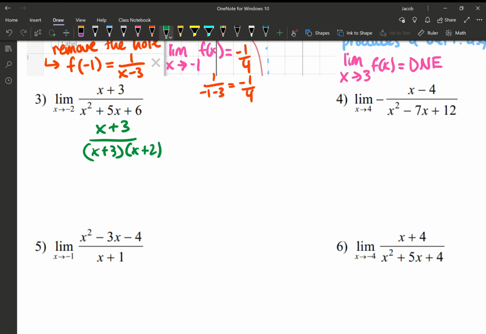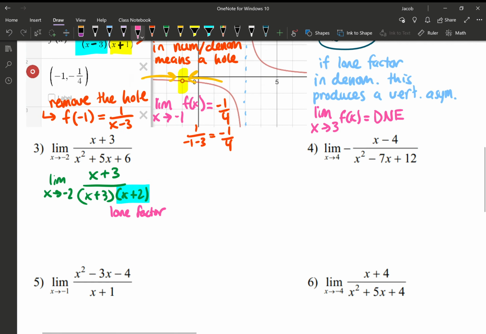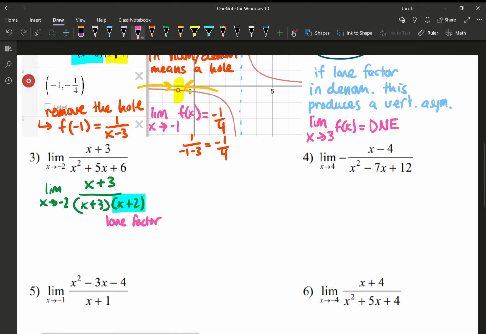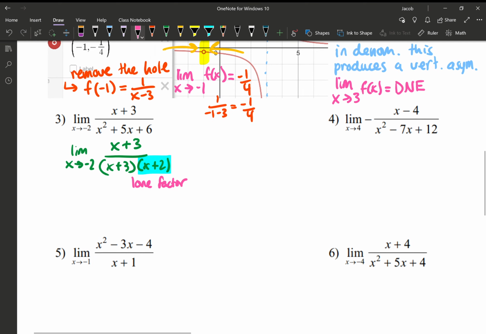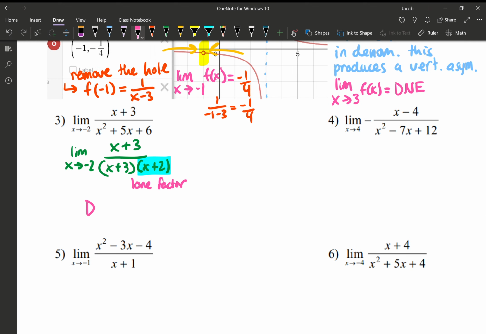And I want to know what's happening when the limit approaches -2. Well, this is the lone factor. It does not have a pair. So based on what we know the pattern to be on these rational functions, then this is d and e. So we do not need a graph of this because all of these follow the same pattern.